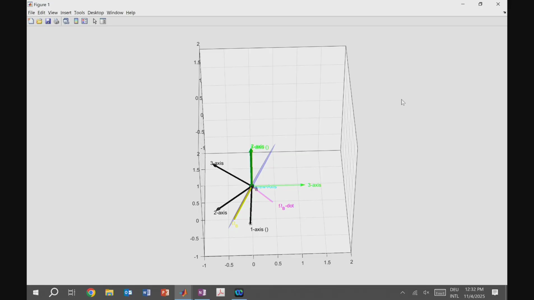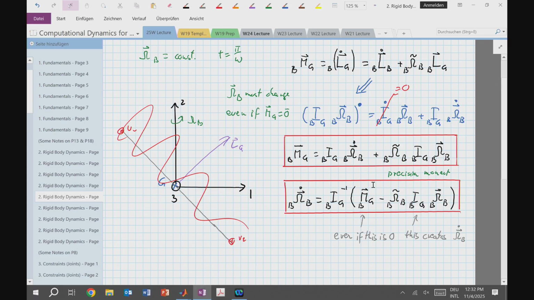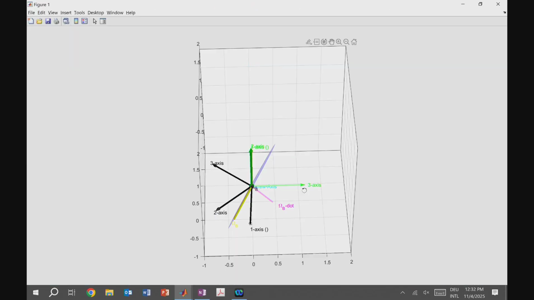So simple cross product. There's a minus sign, and there's a few more things happening, because if you look here, this gets a minus sign, and then it gets multiplied with this inverse matrix. So I'm not directly looking at an angular acceleration when I do my cross product between velocity and angular momentum. If I do that, I basically get this times that gives me a vector in this direction here.